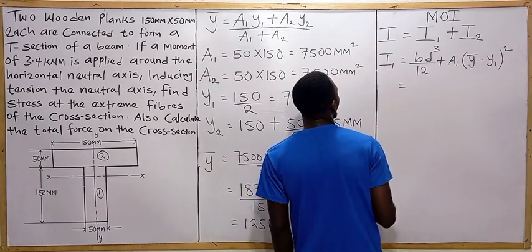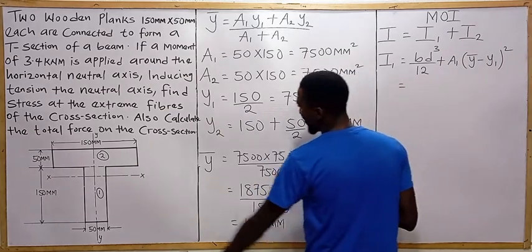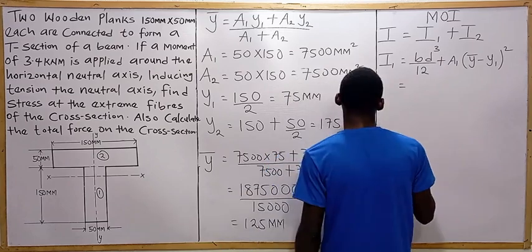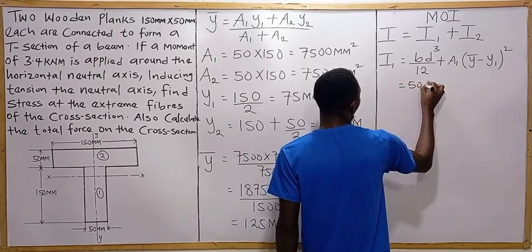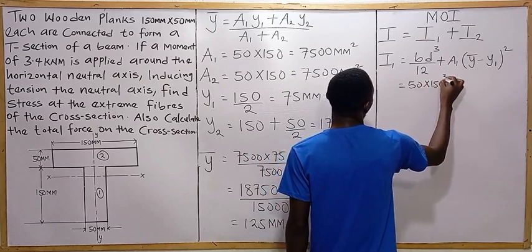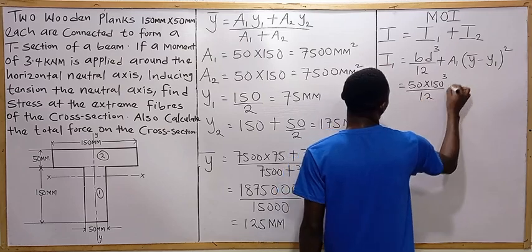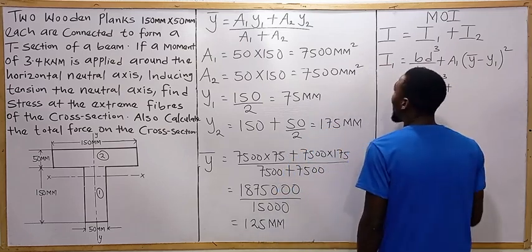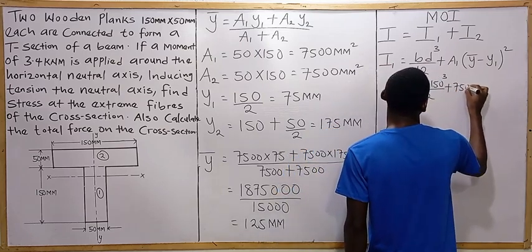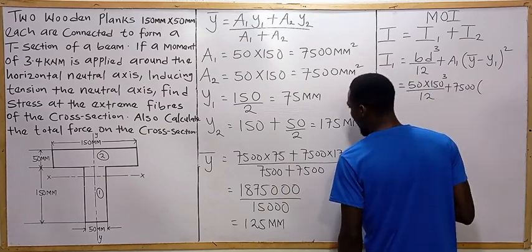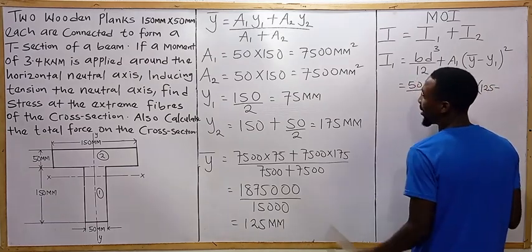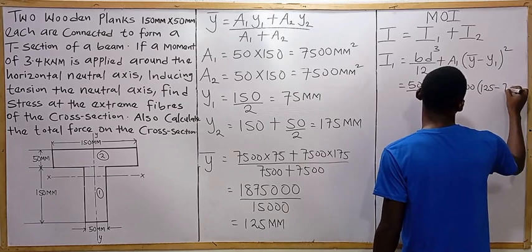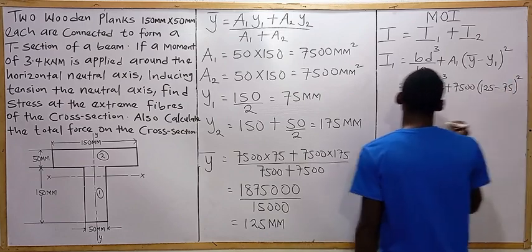All right, if you substitute now, the depth is 150 and the base is 50 for the first rectangle. So it's going to be 50 multiplied by 150 to the power of 3 divided by 12, plus A1. Our A1 is 7,500 into our y bar, which is 125, minus y1, and y1 is 75, then everything all squared.